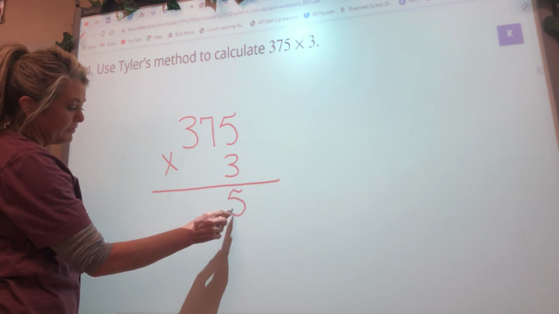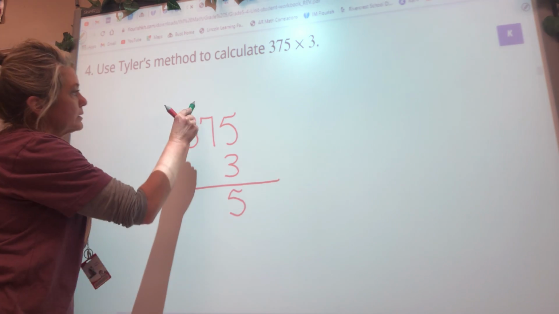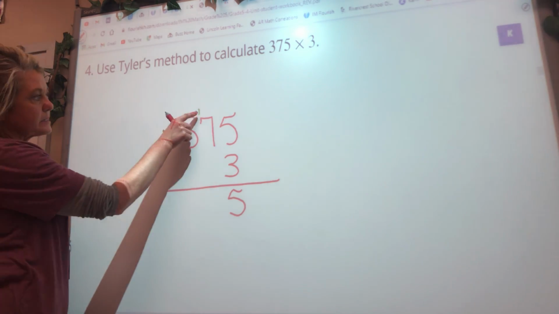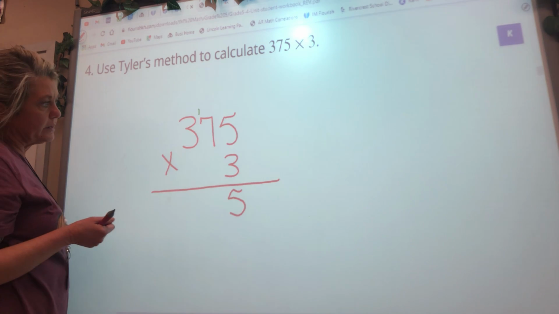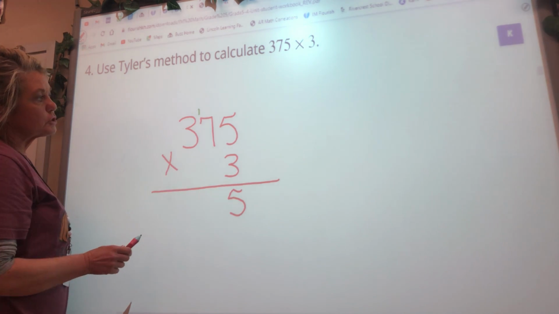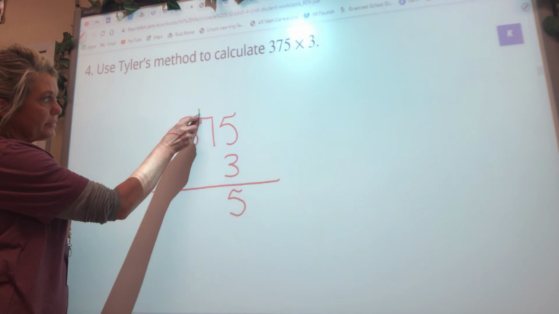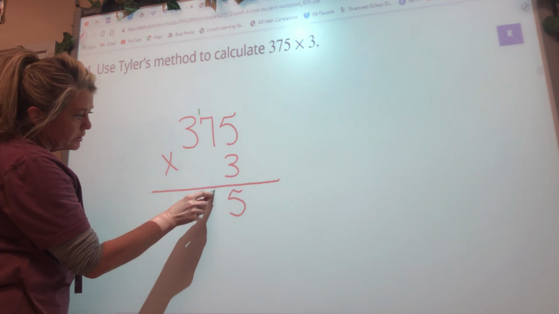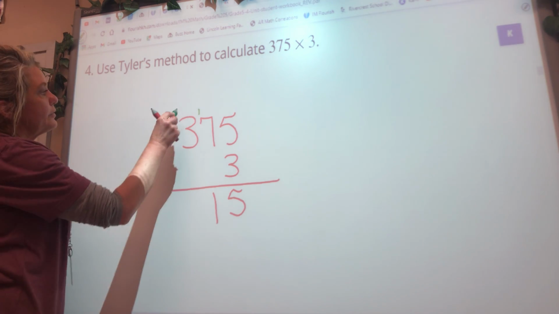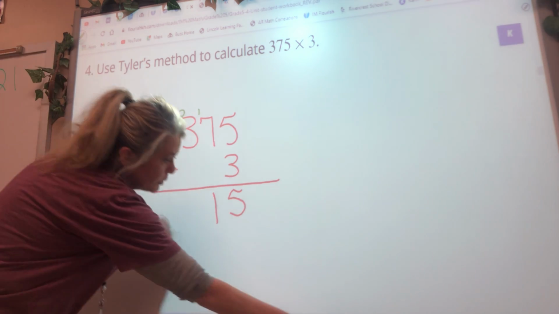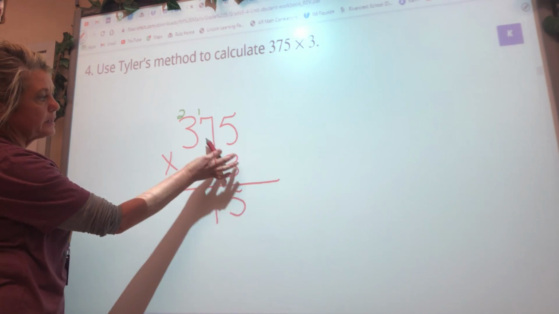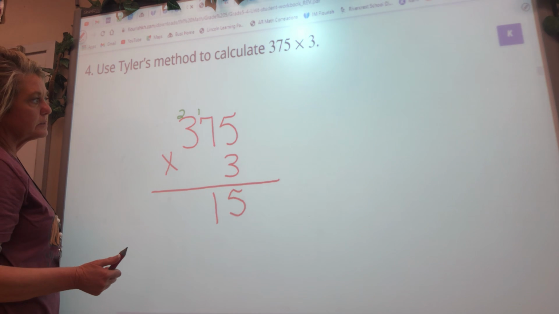So I would put my 5 here, carry my 1. And again, you don't have to use different colors. See how I just always make them smaller than my regular digits. Then we have 3 times 7 is 21 plus the 1 that we carried. So there we put our 1, and then we would carry our 2. So that gives us the 21 that we got on our last math fact.